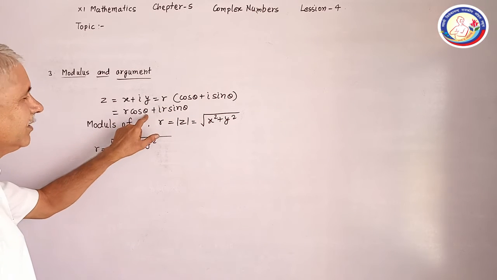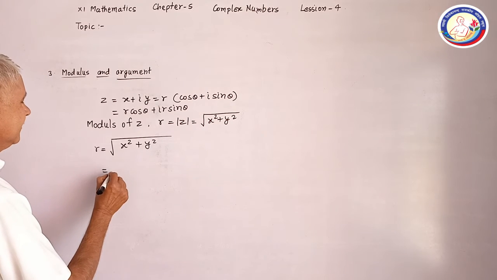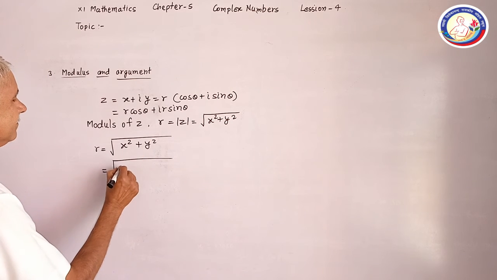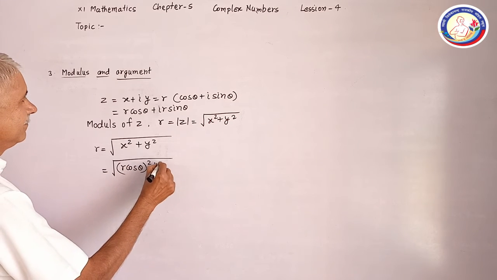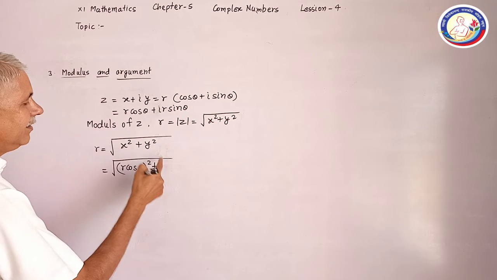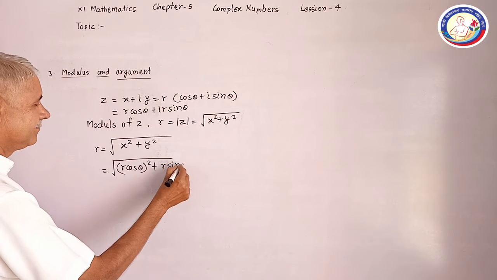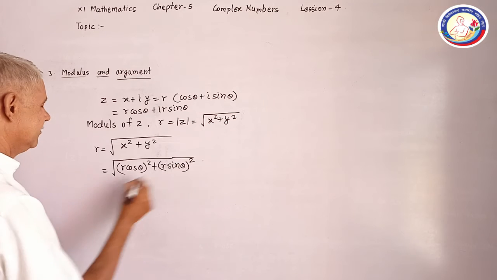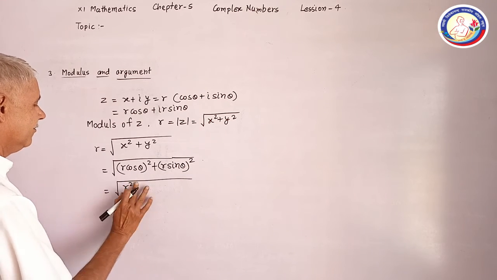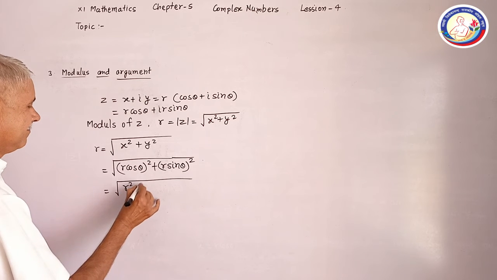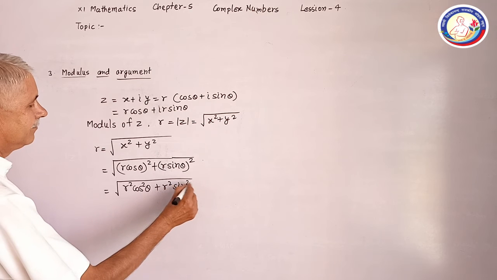Then x will be r cos theta as we saw earlier. The imaginary part is y, and in place of y in polar form we will have r sin theta. Now square both these, we will get r square cos square theta plus r square sin square theta.